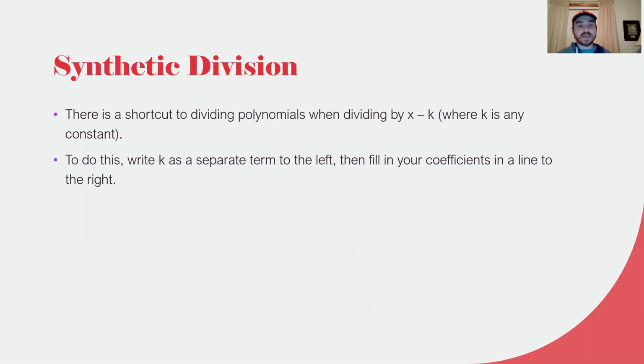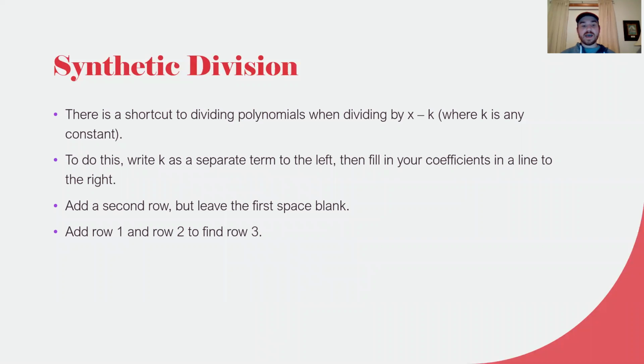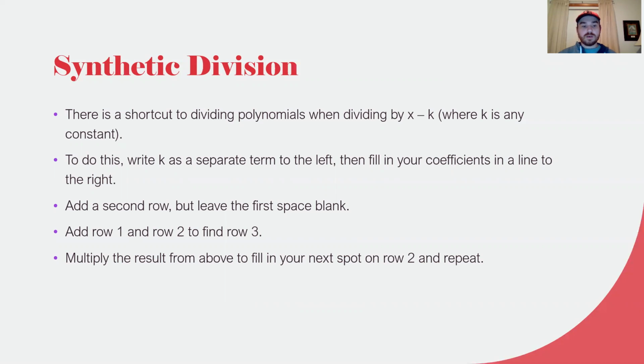The first step is to write k as a separate term to the left, and then fill in your coefficients in a line to the right. Add a second row, but leave the first space blank. Add row 1 and row 2 to find row 3. Multiply the result from above in your next spot on row 2 and repeat. So this is multiply the result by k.